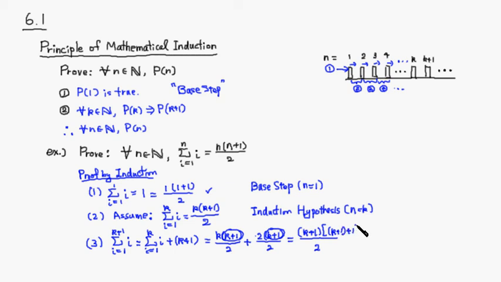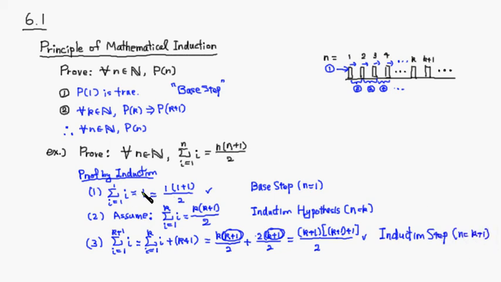You can see that this is exactly the formula for n equals k plus 1: you have a k plus 1 here, and k plus 1 plus 1, all over 2. So this is called the induction step, when n equals k plus 1.